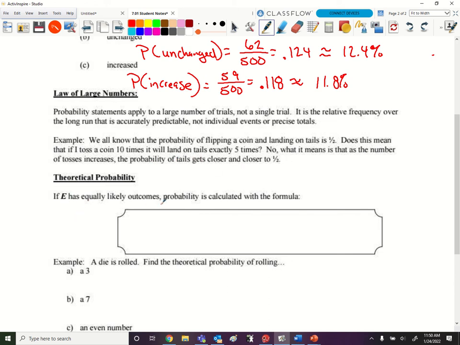All right. Event E has likely outcomes, and probability is calculated with the formula: P of whatever event E will be the number of outcomes favorable to E, whatever my event is, divided by the total number of possible outcomes.